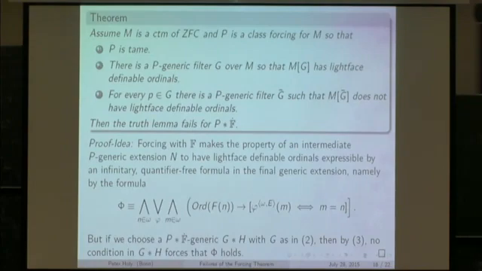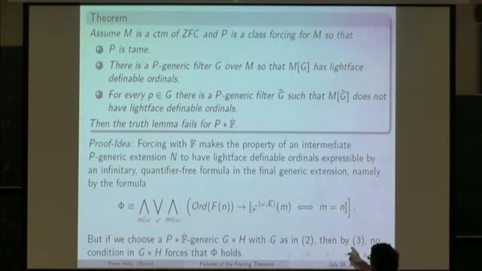But now we can first choose a generic filter for this two-step iteration with the generic G as in the second item above, such that the intermediate extension has all ordinals light-face definable. Then assume for a contradiction that some condition p forces that this statement holds in the final generic extension.